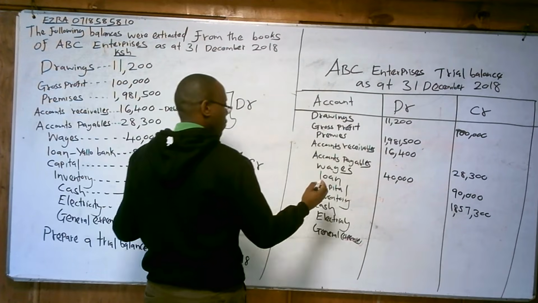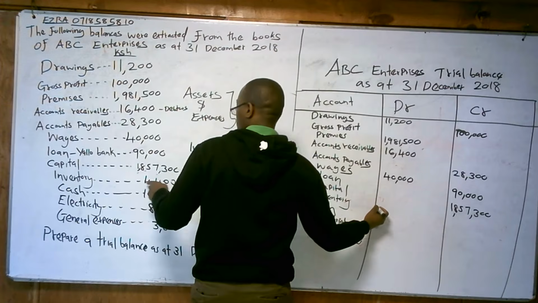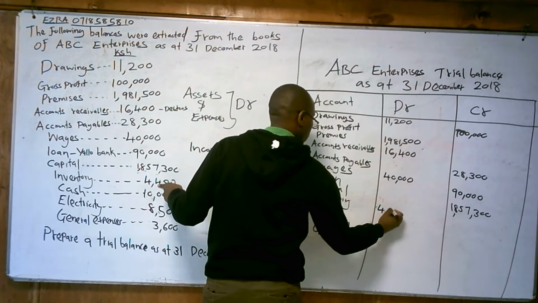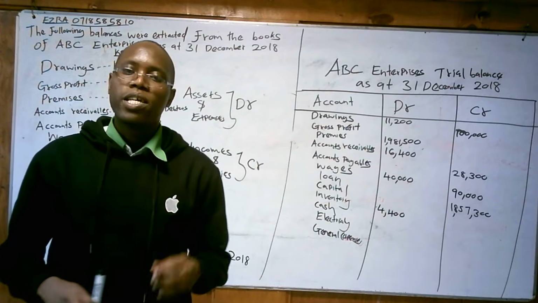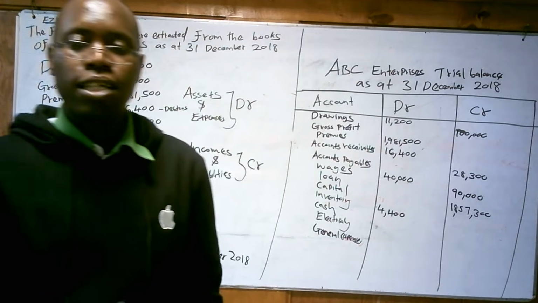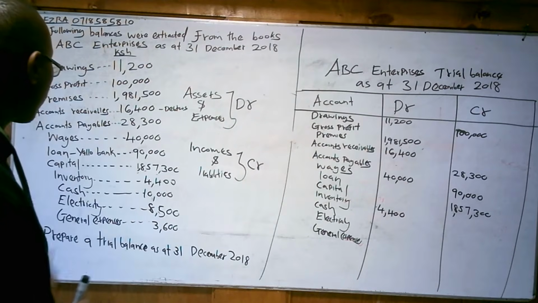That's 4,400 on the debit side, because inventory is an asset.